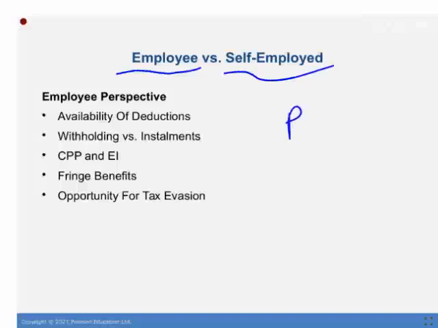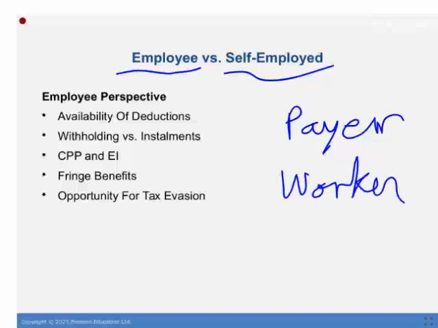Basically, well, if I'm going to use the correct terms here, you're going to have a payer and a worker, because we're trying to determine if they are an employee or self-employed. So until we know that, really what we do know is that we have someone who's doing the work and someone who's paying them.